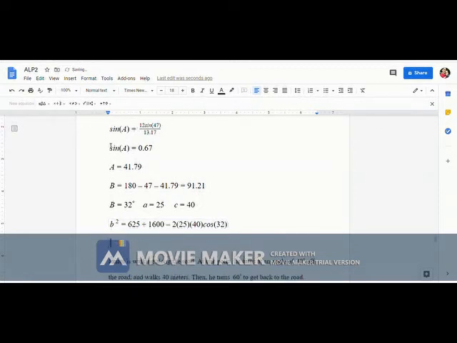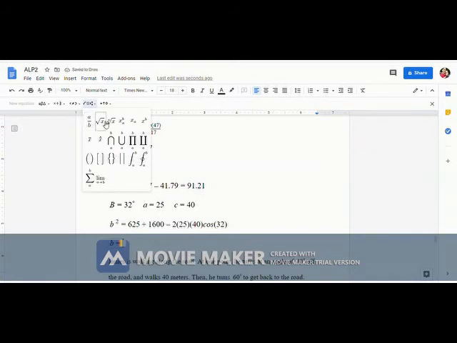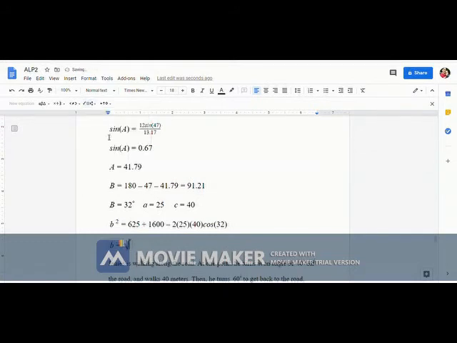Okay, we're going to go ahead and take the square root of both sides. So b equals the square root of 2,225 minus 2,000 times cosine 32. Put that into a calculator, and we get b equals about 23.